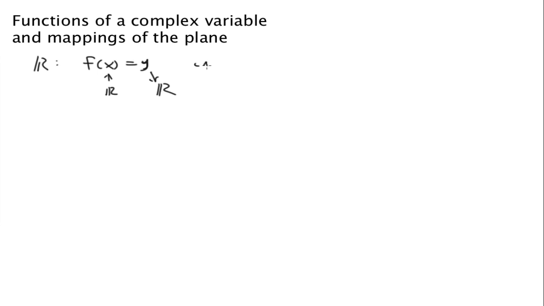We can't have multiple y values for a single x value. As long as every single x value is associated with only one y value, then we have a function.